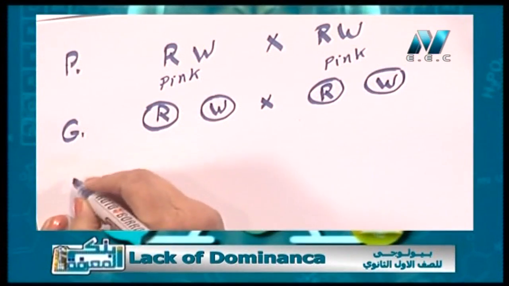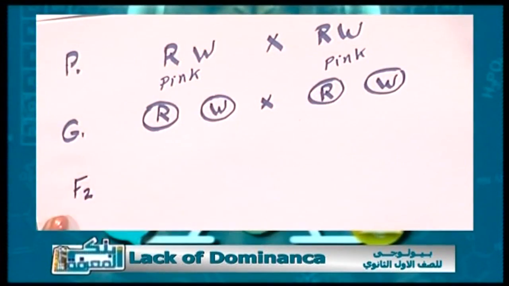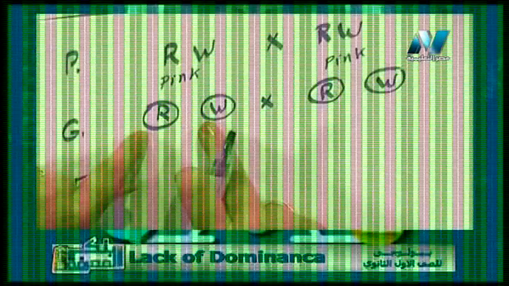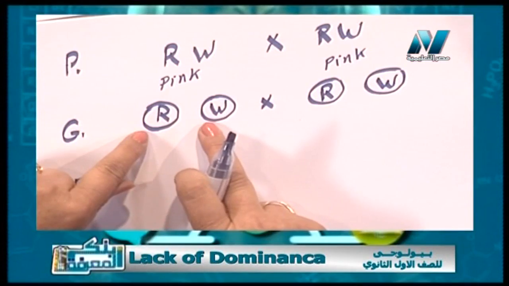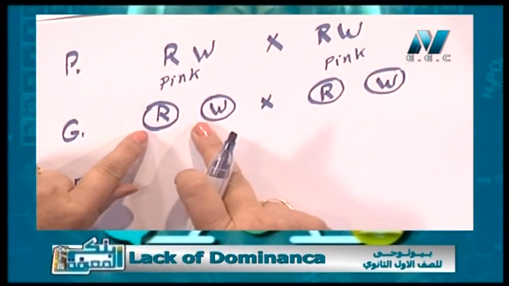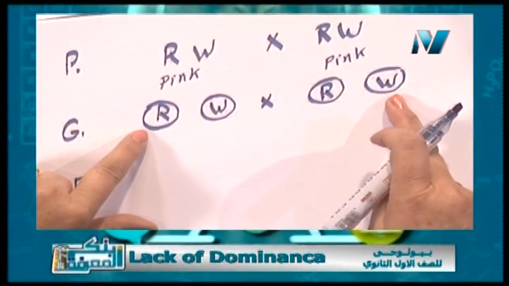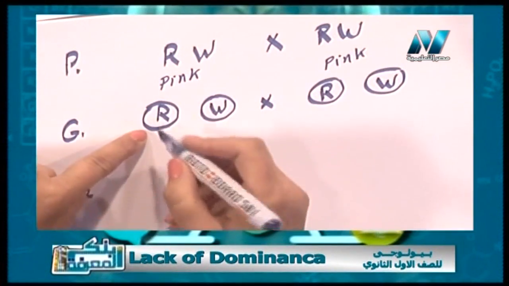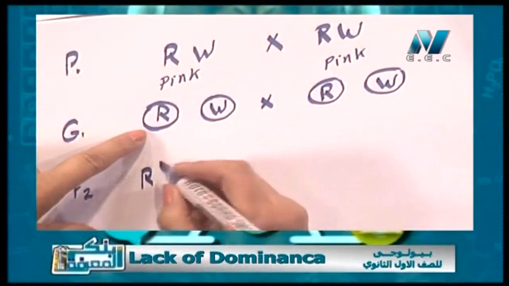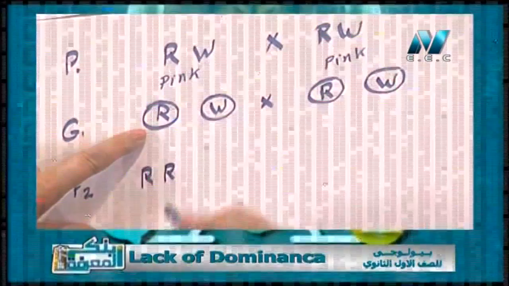Okay, so what will be the second generation? We assume that this individual is a male and this one is a female. So these are pollen grains and these are the ova. We choose one pollen grain with one ovum, and we follow the law of probability.